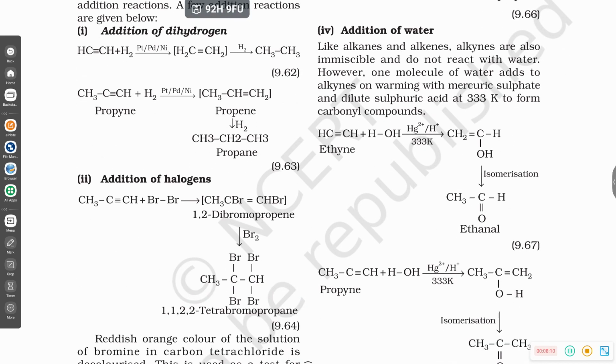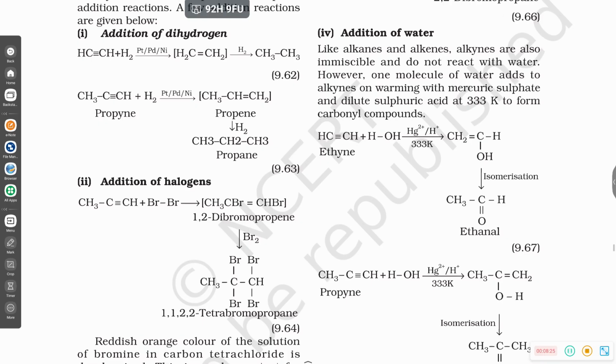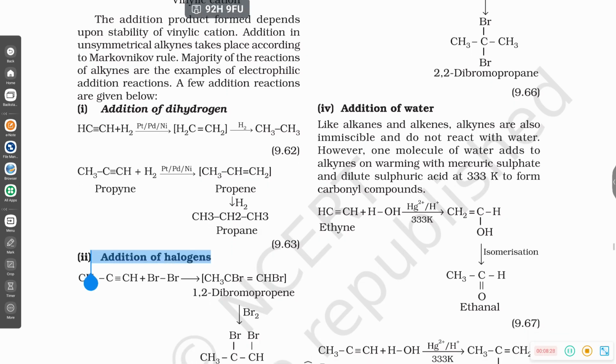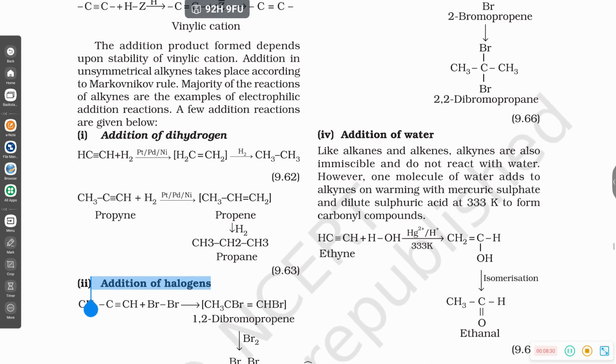Everything I am telling. Next, addition of halogen. This is very important. Addition of halogen. This is unsymmetrical. Now the question is, sir, where will H attach and where will the other attach? First, a vinylic cation is forming.